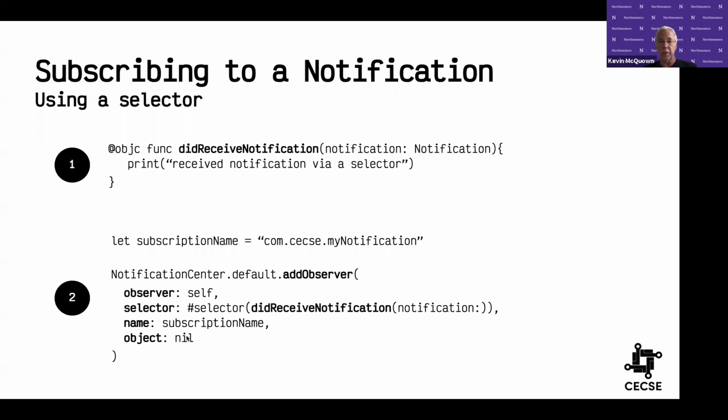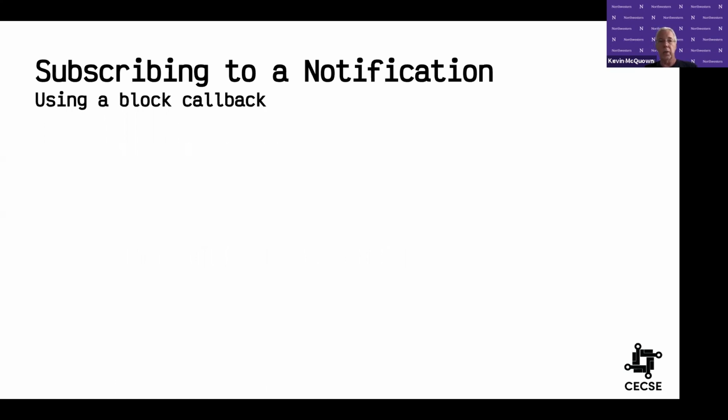And so these objects can be very useful. So essentially, you just have your first part, which is creating the function, and the second part, which is where you add the observer, and then you need to reference that function up here as a selector. So now let's look at the block callback.